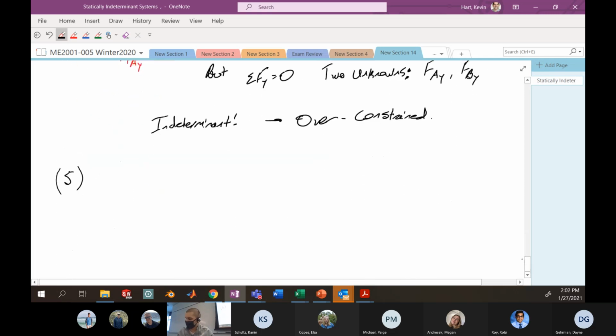If we created that free body diagram, we would have something that looks like this.